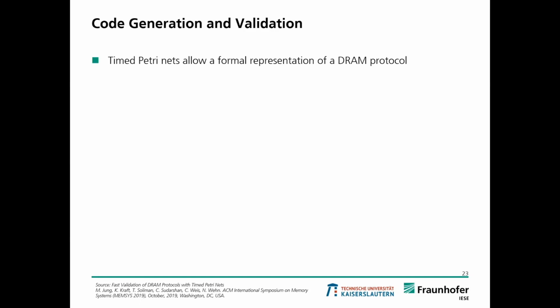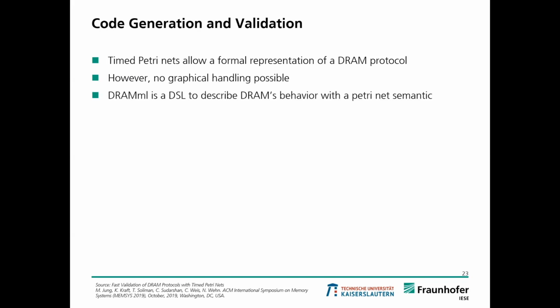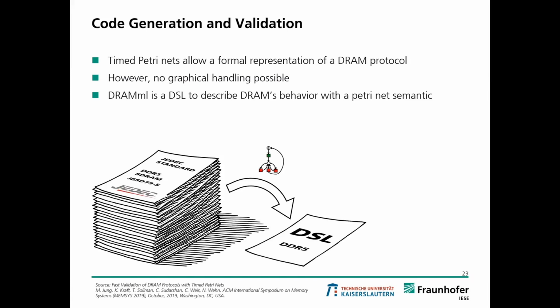So we now have these timed Petri nets to allow us to model DRAMs in a formal way. As I said, graphical handling is only possible if you use hierarchy, but we want to go to something that is code. And for that reason, we came up with the DRAMml idea. This is a domain-specific language to describe DRAM behavior with Petri net semantics.